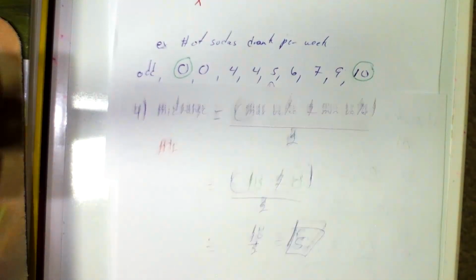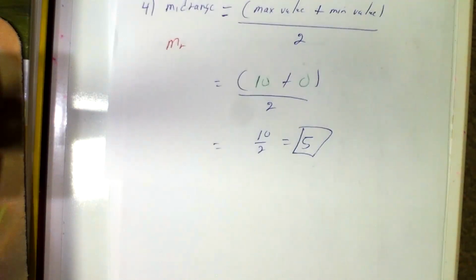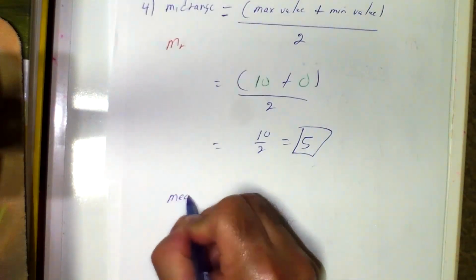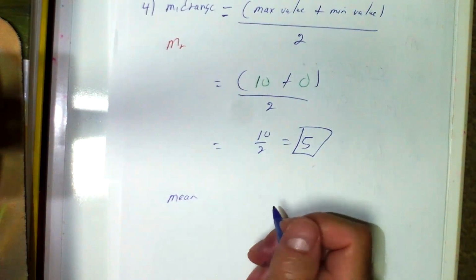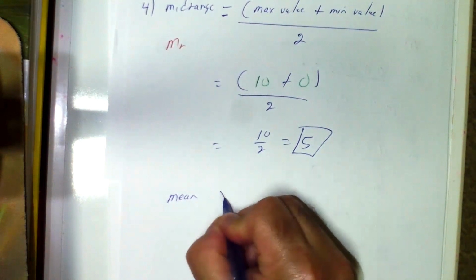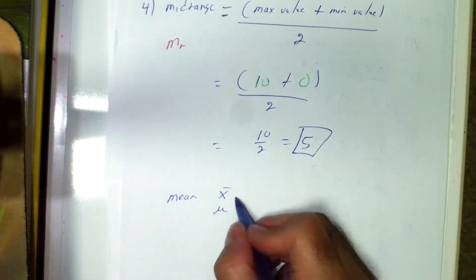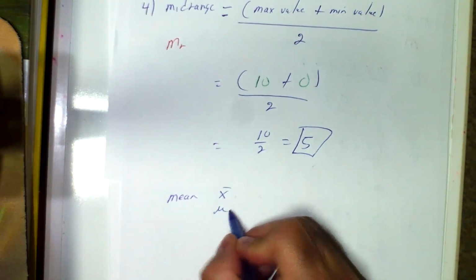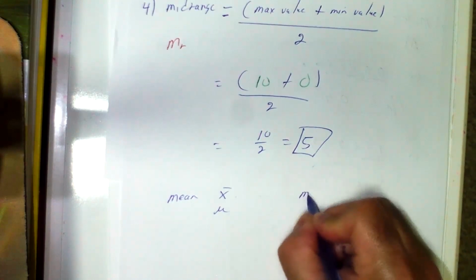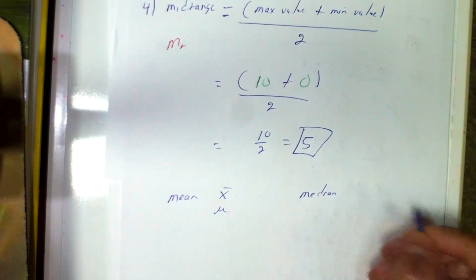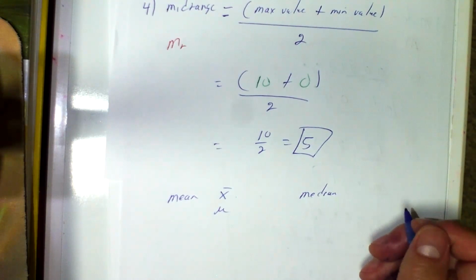Right, so let's summarize. What have we learned? We learned about mean. Mean is the average. Symbol is X bar or the mu, that's sample, that's population. We also learned about median. That is the middle value, dependent on how many numbers you have.